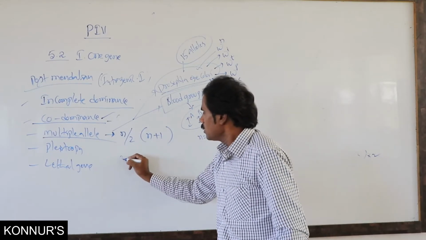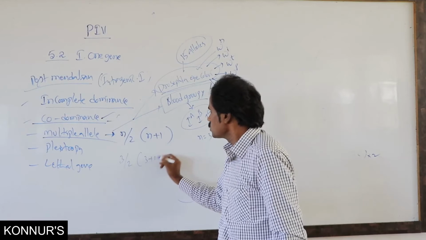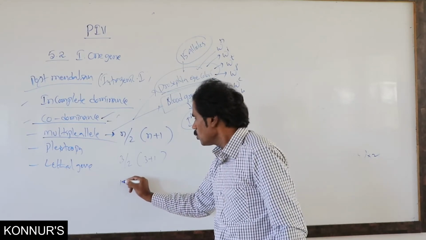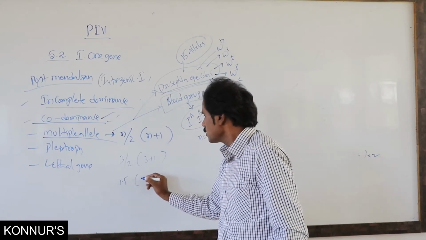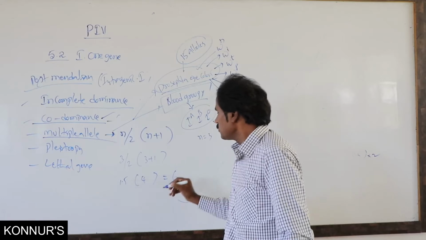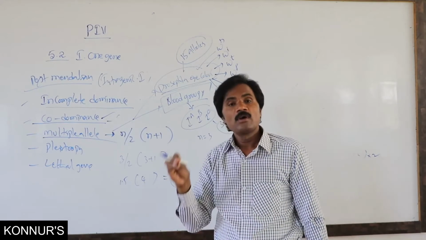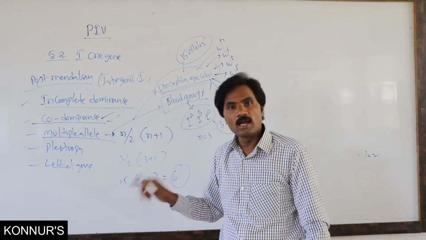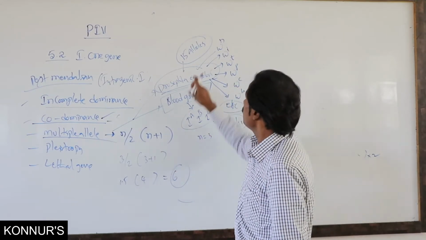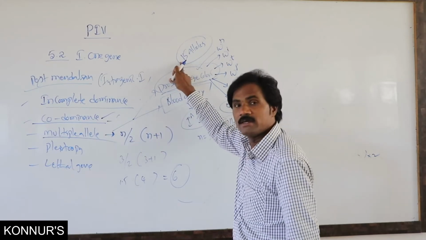Here you write 3 by 2 into 3 plus 1. 3 by 2 is 1.5, and 4 into 1.5 is 6. Total number of possible genotypes in our blood group is 6. Similarly, for 15 alleles, you calculate with N equal to 15.